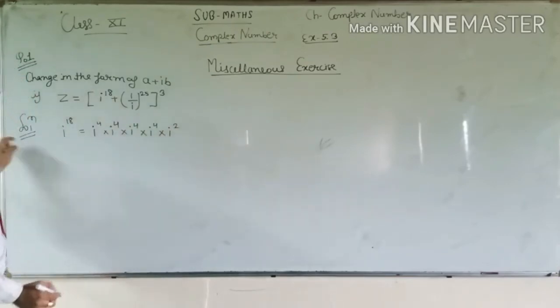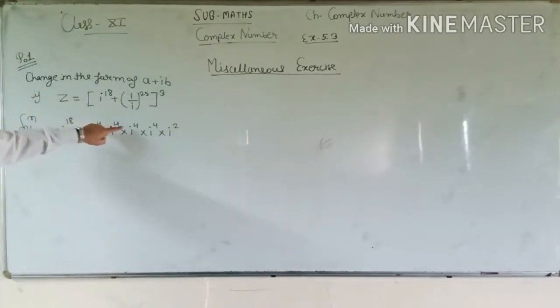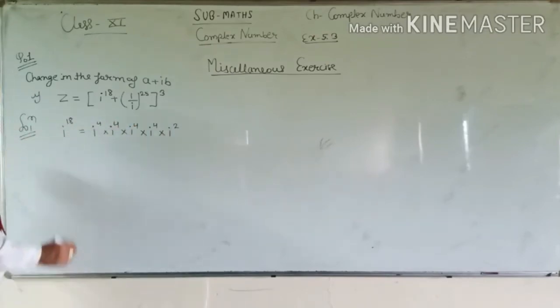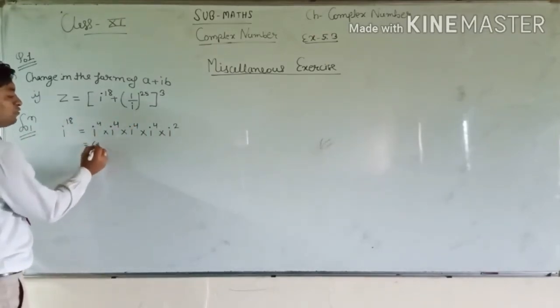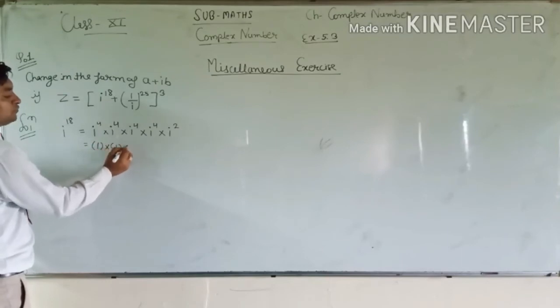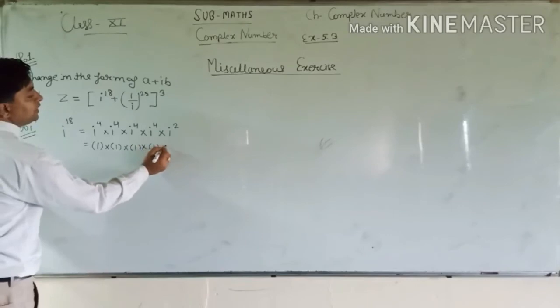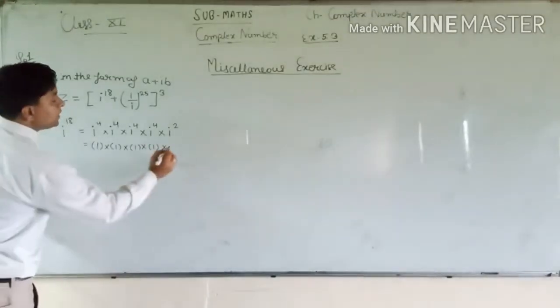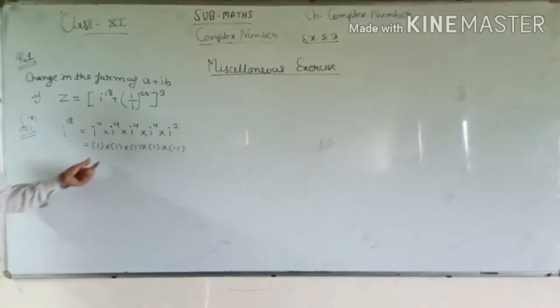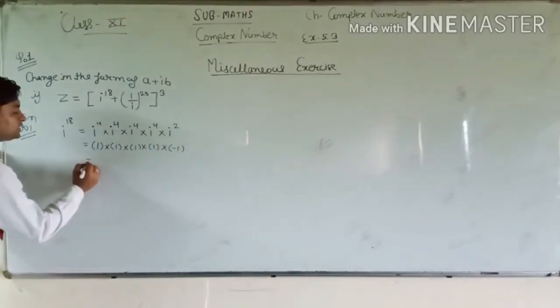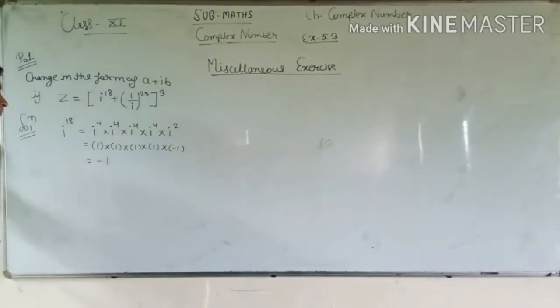We know that 4 4 8, 8 8 16, and 2 makes 18, and we know that iota power 4 is 1 and iota square is equal to minus 1. When we multiply this, we find the answer minus 1.